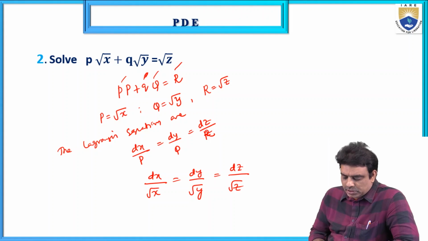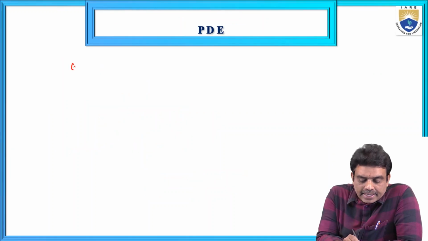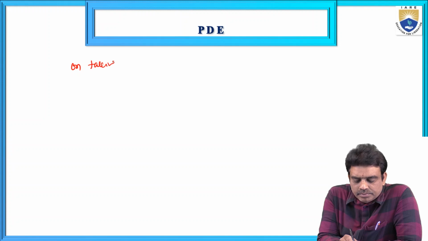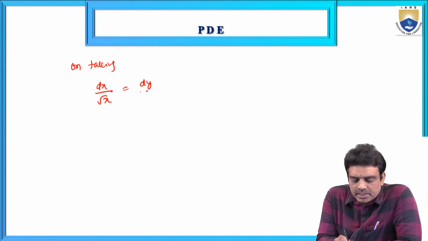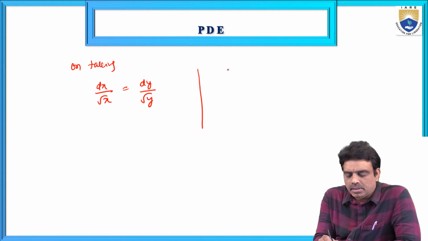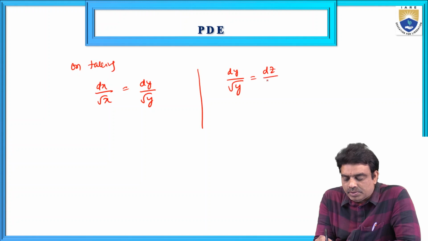I am considering the first two, dx by root x is equal to dy by root y. In the second case, it is dy by root y is equal to dz by root z.